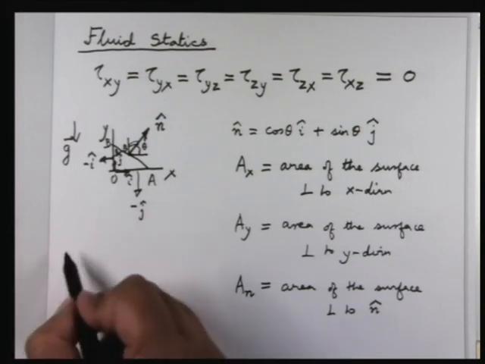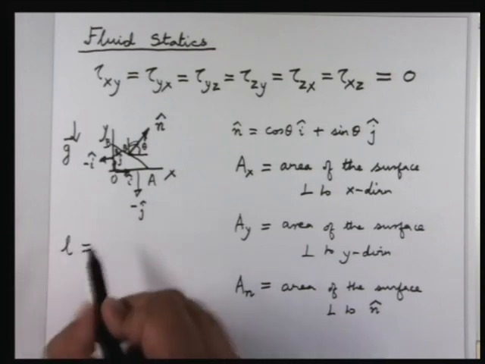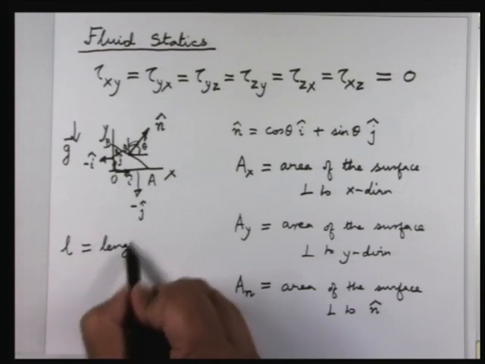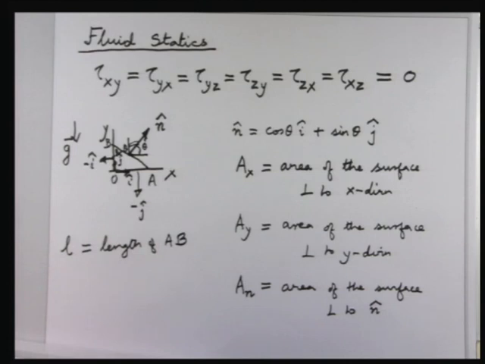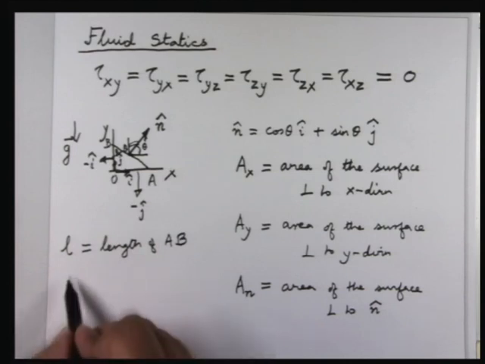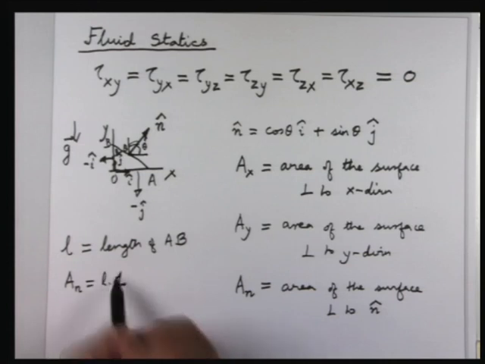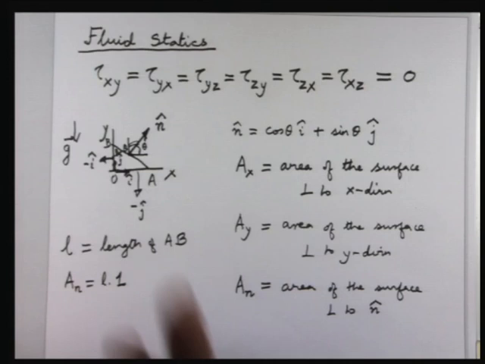Now, if I say that L is the length of AB, then you can see that AN will be L into 1, because we are taking an element of unit depth in the third direction, the z direction.